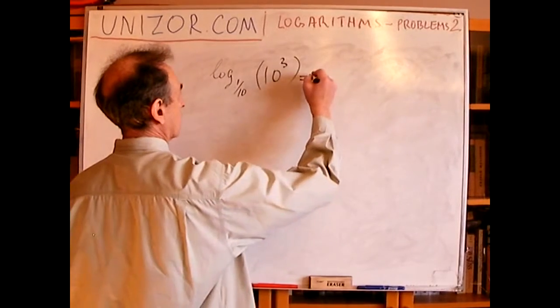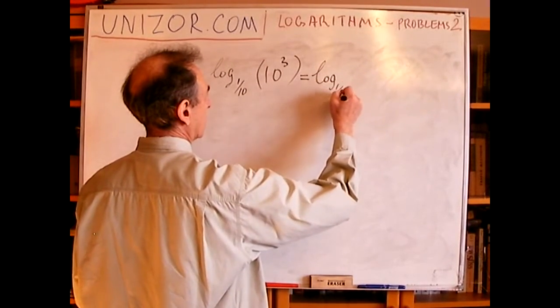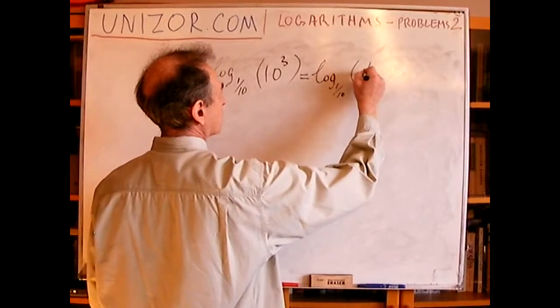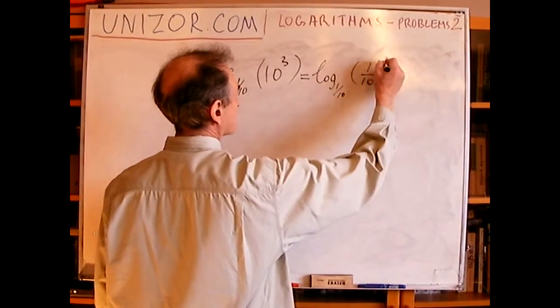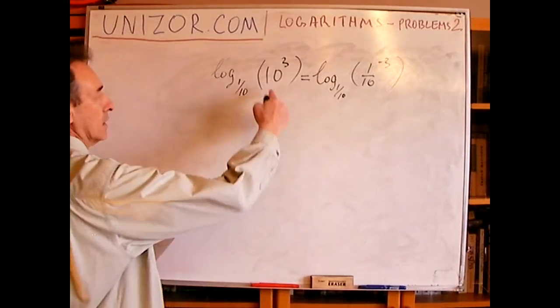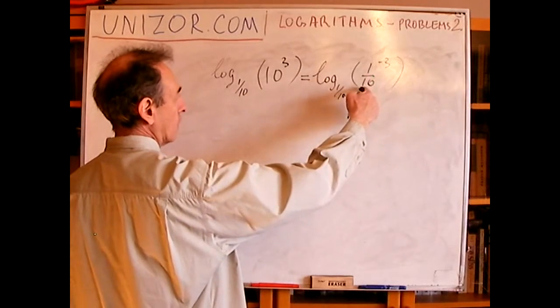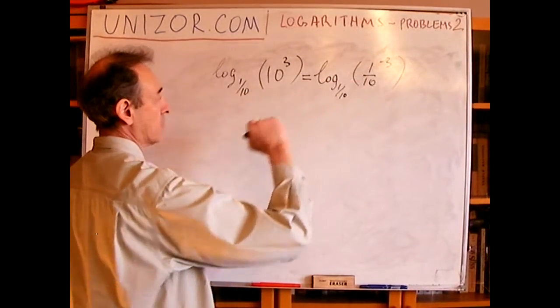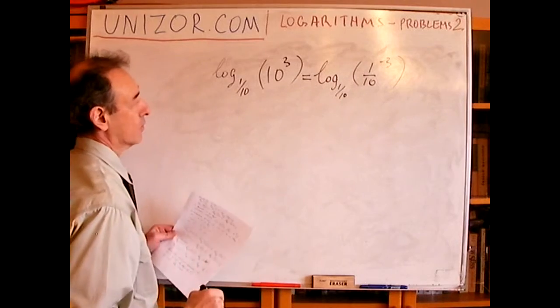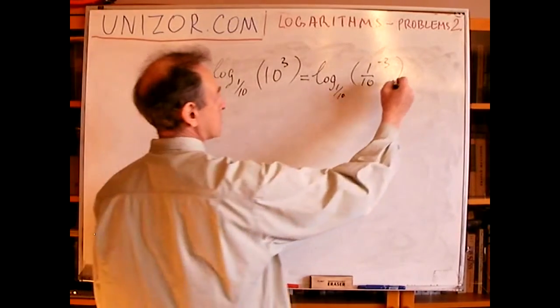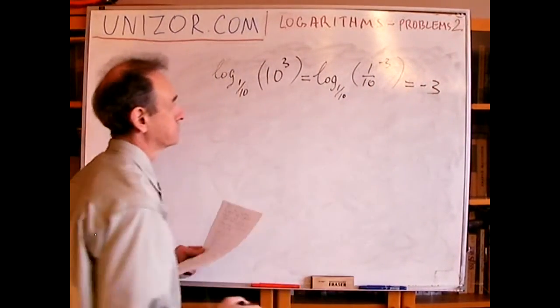All right. Log 1/10 it's 1/10 to minus 3, right? Instead of 10, we can put 1 over 10 with a minus sign in the exponent. That's why it's equal to minus 3.